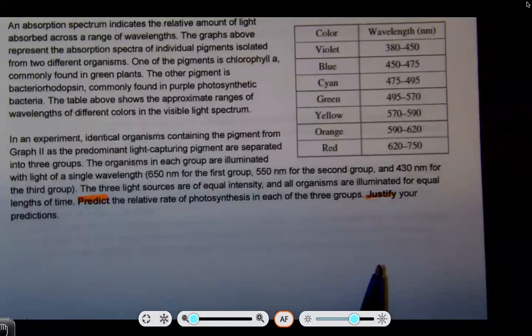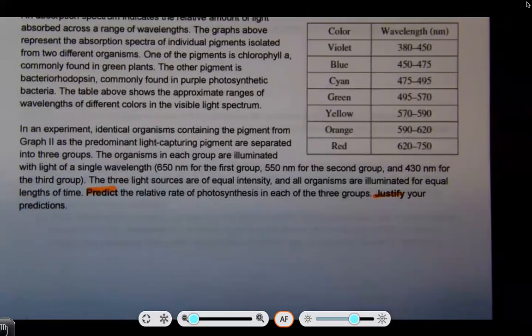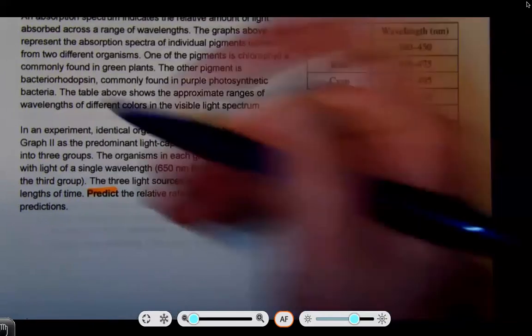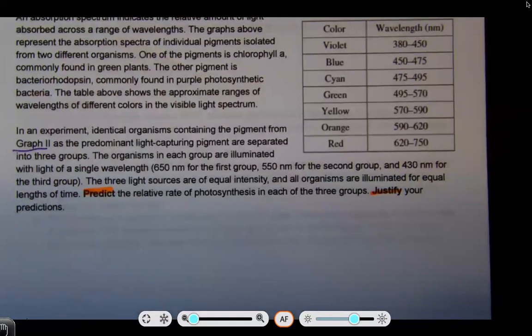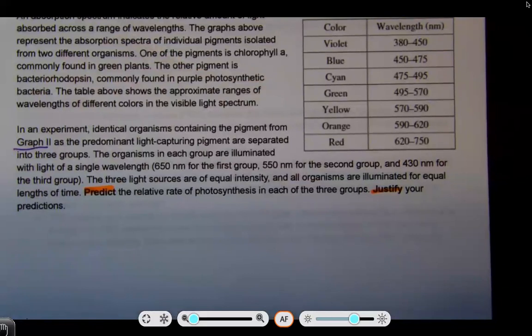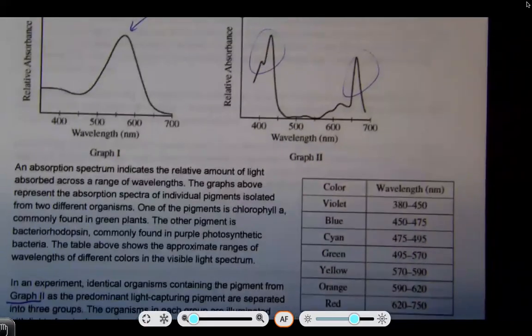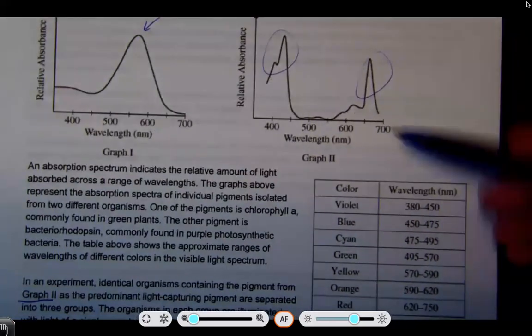And all it asks us to do is predict the relative rate of photosynthesis in each of the three groups, specifically looking at graph 2. Okay? And what they want is to know which one goes where. So we need to predict the relative rate of photosynthesis for each of these colors of light. That's what wavelength means.